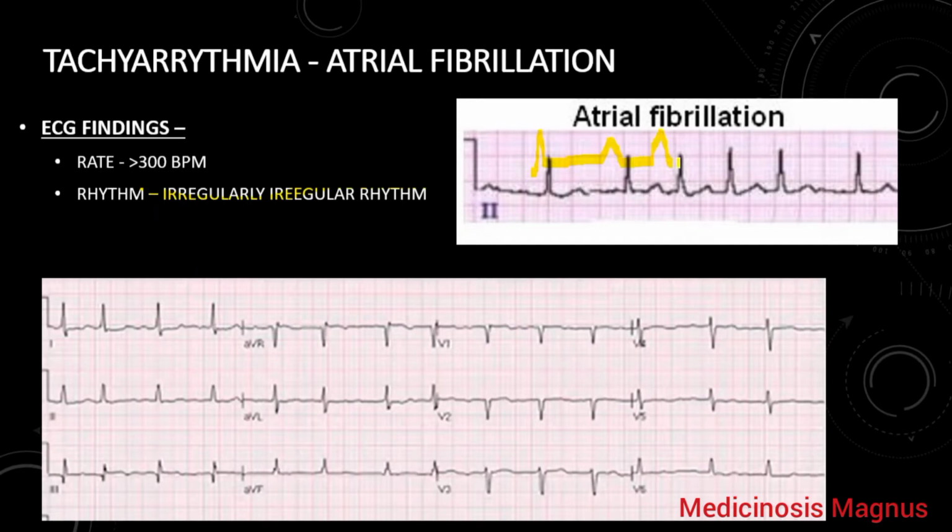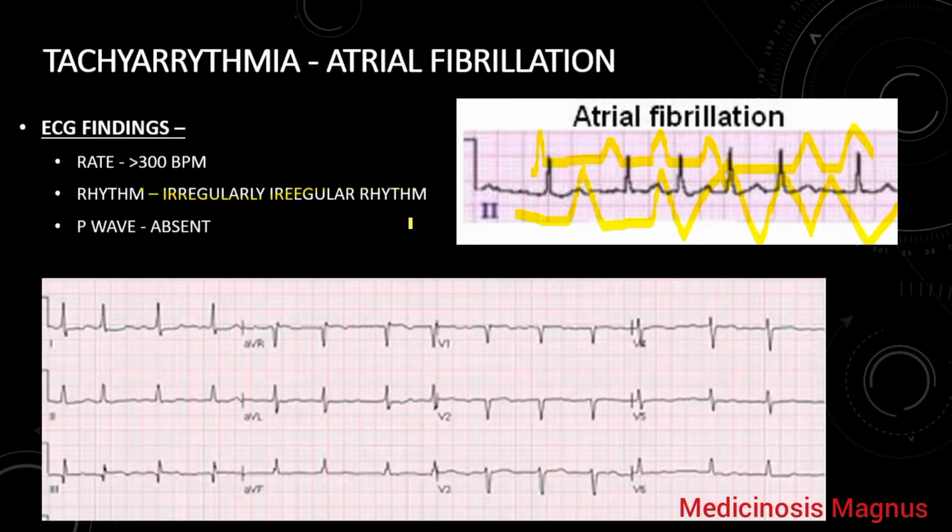Then again this pattern would repeat, one R wave, two boxes empty, one R wave and the other R wave. This is regularly regular. But if irregularly irregular, there is a problem or abnormality in the ECG, but that abnormality does not have a regular orderly fashion. It will be just haphazardly arranged, irregularly irregular.